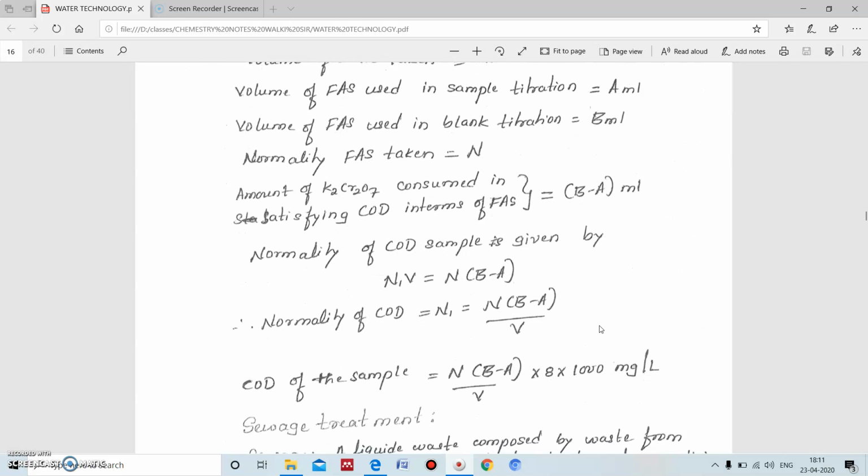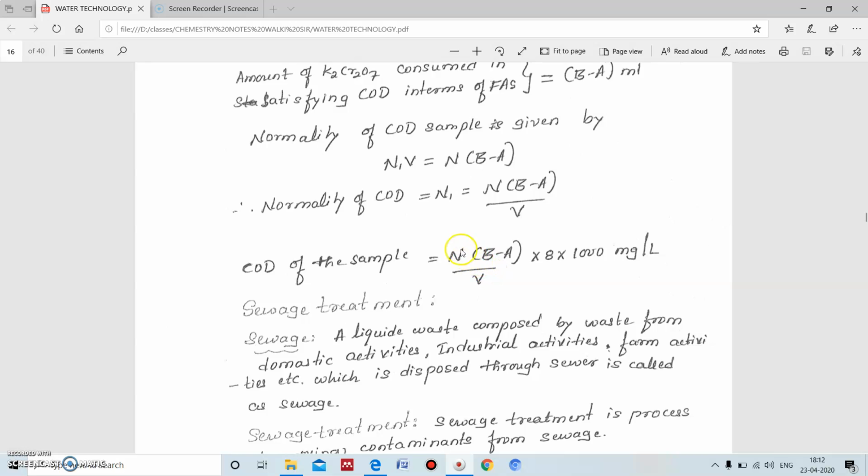Then the normality of COD sample is given by N1 × V = N × (B − A), where N1 is the normality of COD sample, V is the volume of water sample taken, and N is the normality of FAS. B − A is the amount of potassium dichromate utilized in order to satisfy the COD in terms of FAS.